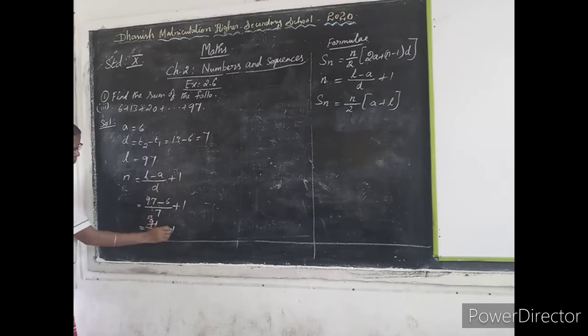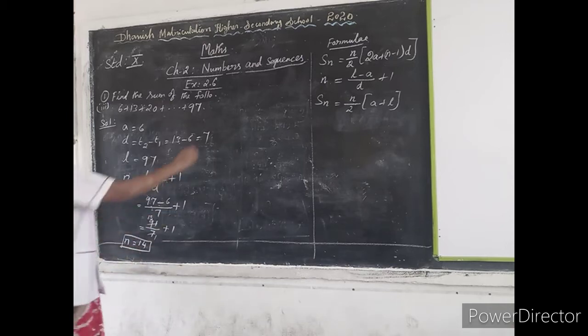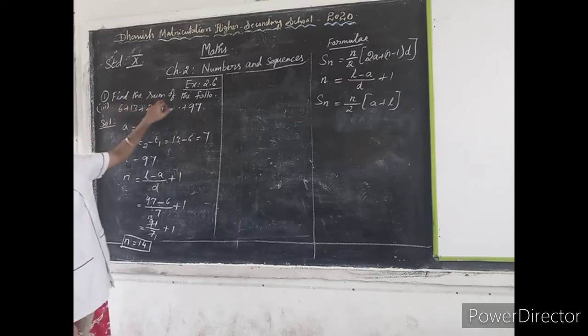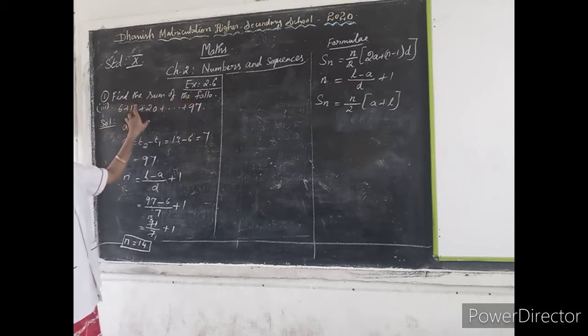Therefore this is 13 plus 1, which is 14. So n is equal to 14. So here now we know what n is. n is 14. Now find the sum of the following series.